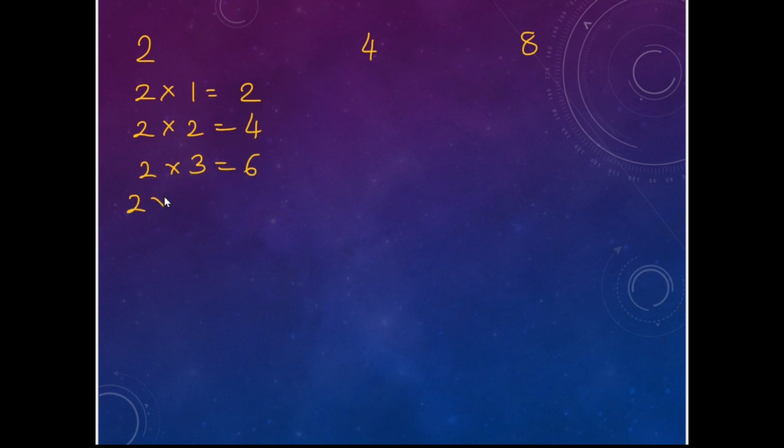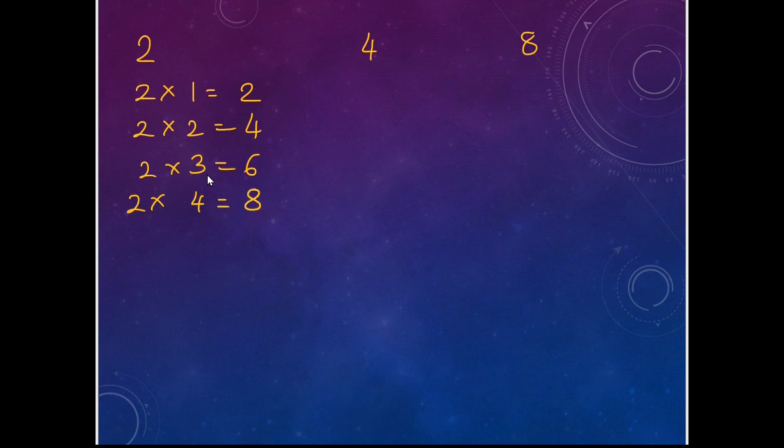Now 2's table is very easy for everyone, right? It's all even numbers and it's a skip count of 2. So to write a 2's table is very easy for all the children. Even a small kid of 5 years can form a table of 2. So we are going to use this 2's table as our basis to form the table of 4 and 8 by using the double strategy.